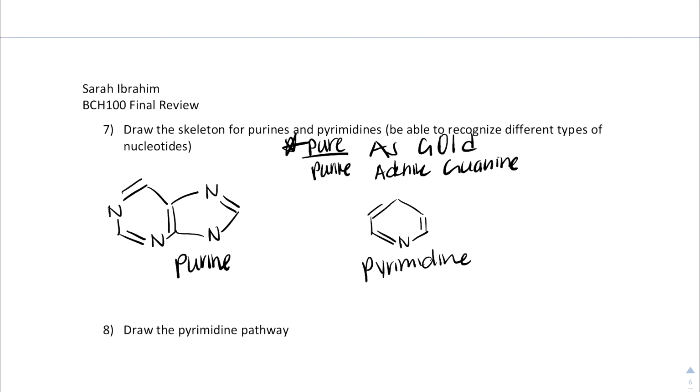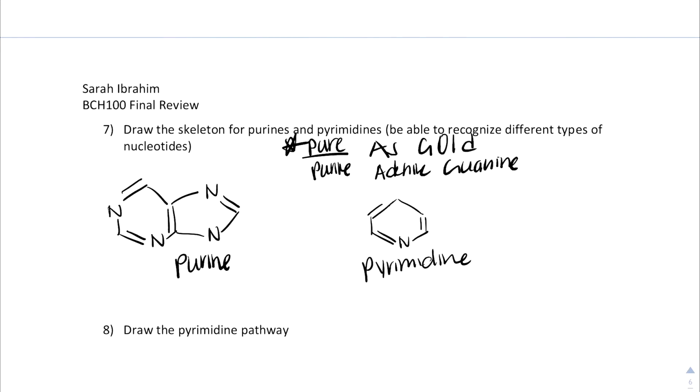And then just being familiar with recognizing how cytosine and uracil look, and how uracil is found in RNA, thymine is found in DNA, stuff like that is really important. Okay, so let's move on to the pyrimidine pathway.